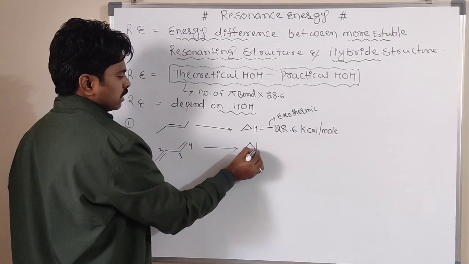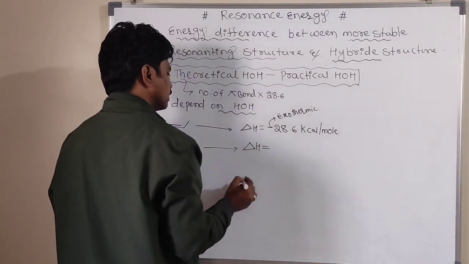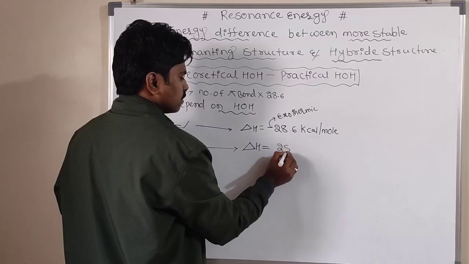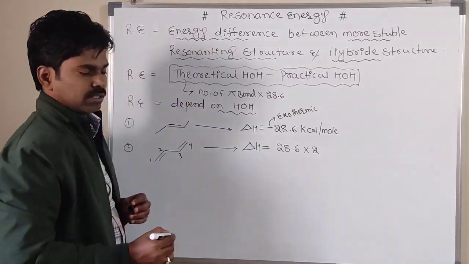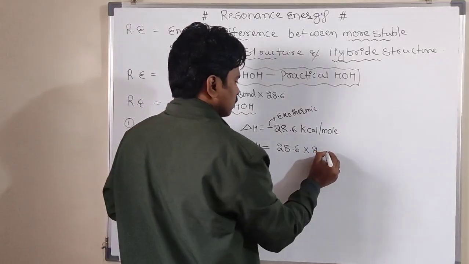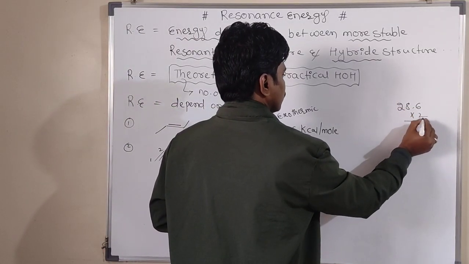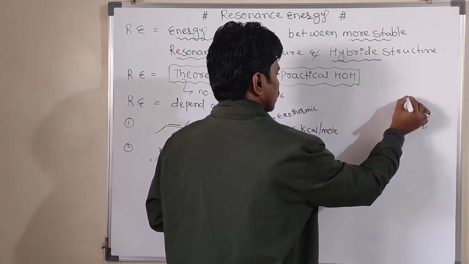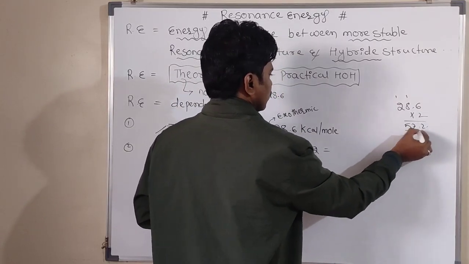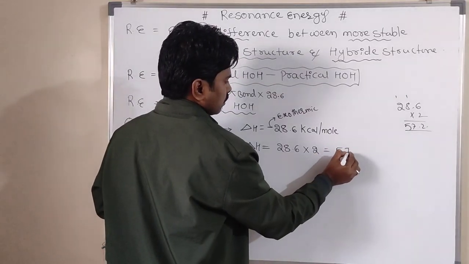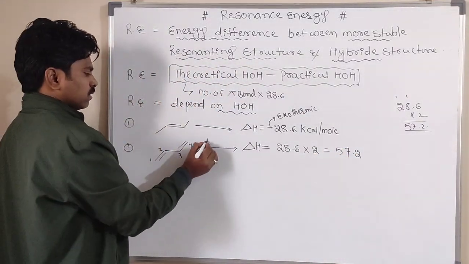For this, what about the delta H? There are 2 pi bonds, so we have to calculate 28.6 into 2. 28.6 multiplied by 2 is 57.2. That is theoretical.